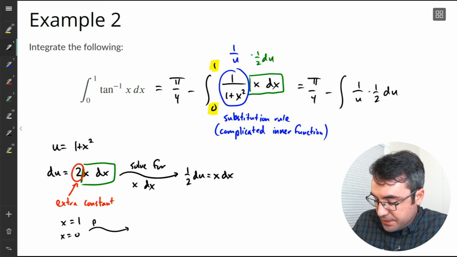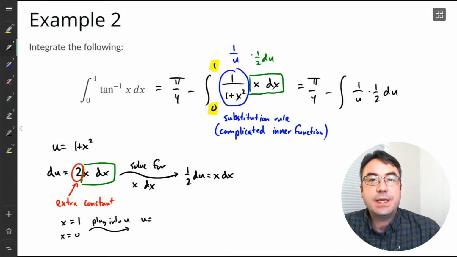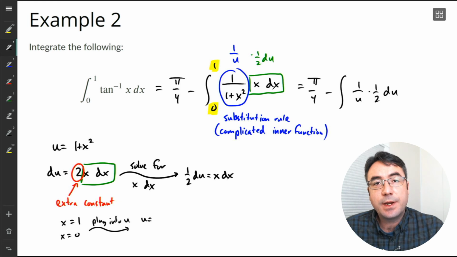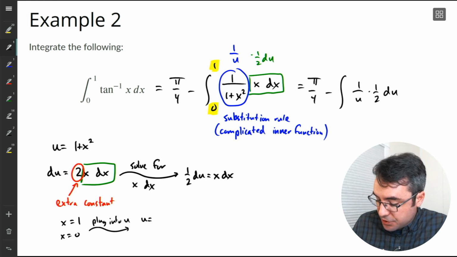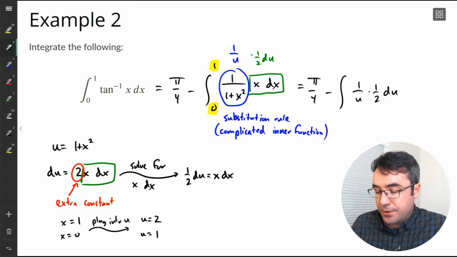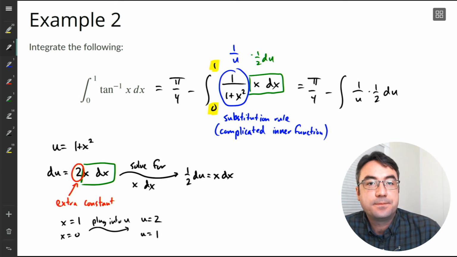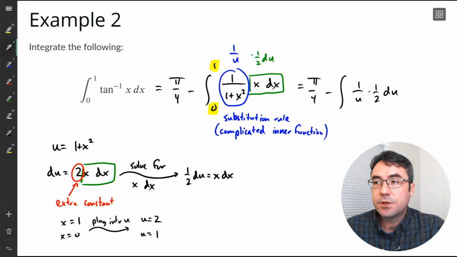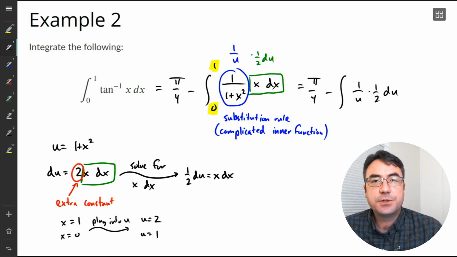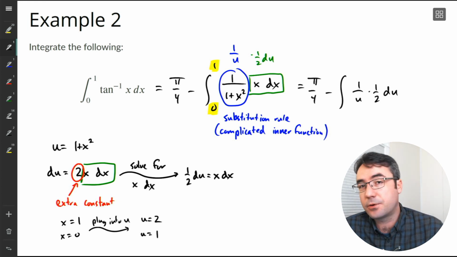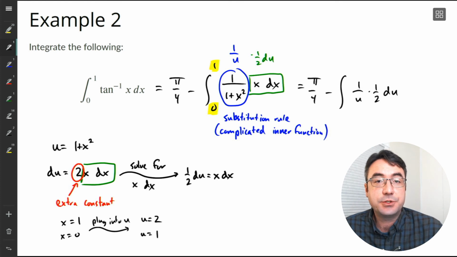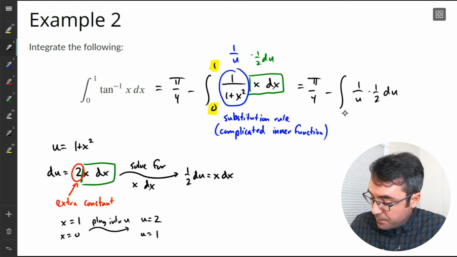We plug these into our equation for u, and so we get u equal to 1 plus 1 squared when we plug the top number in, which is just 2. And then we get u equal to 1 plus 0 squared, which is just 1. So our new limits of integration, once we convert this over to an integral all in terms of our substitution u, is going to be from 1 to 2.